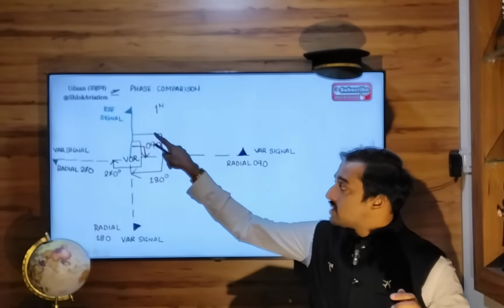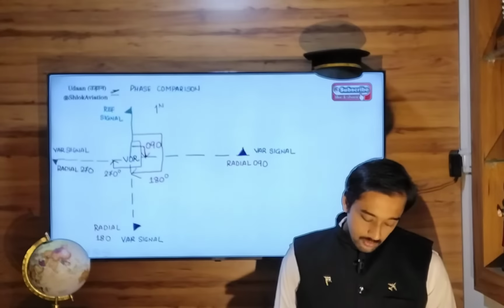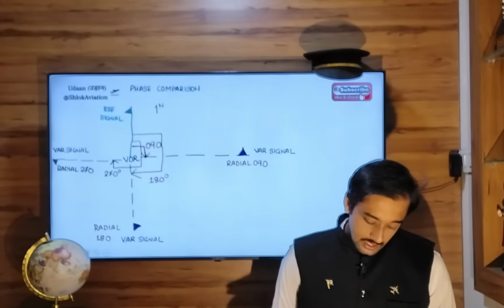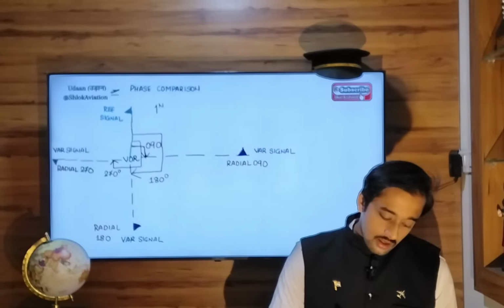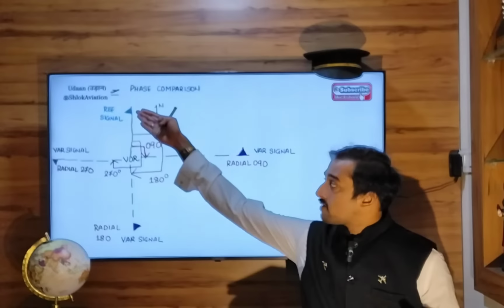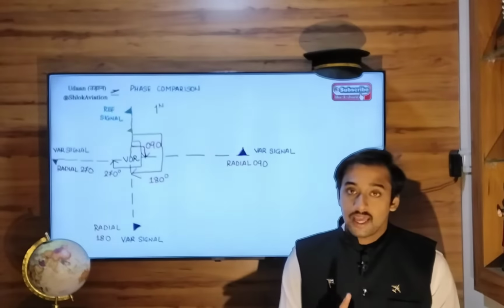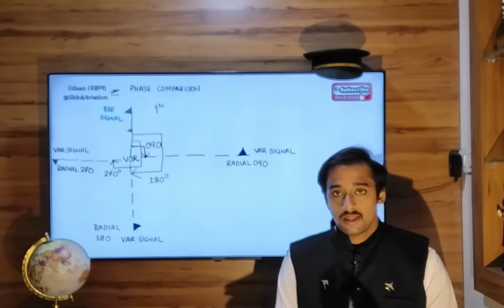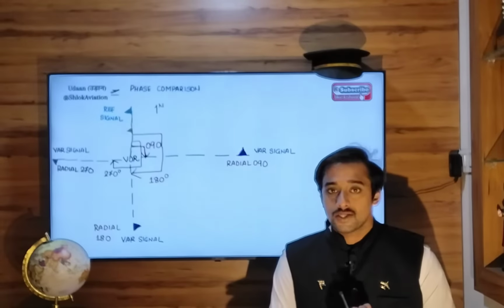Now when this variable signal makes a full 360-degree rotation, at some point over here, let's say here, at magnetic north direction, both the reference signal and the variable signal will coincide. That is the only one direction where both will meet with each other or coincide.